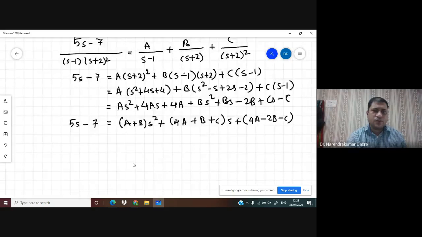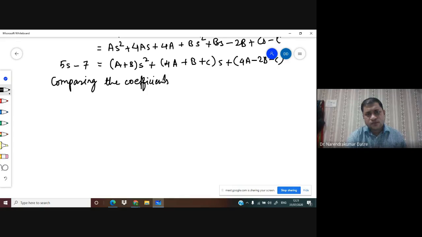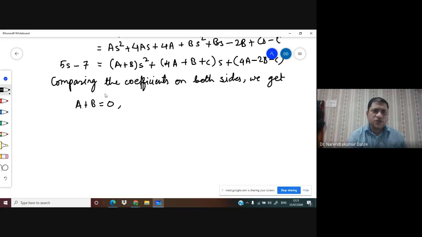Okay, now we can compare the coefficients on both sides. So comparing the coefficients on both sides we get A + B = 0, as we don't have the term of s square here.